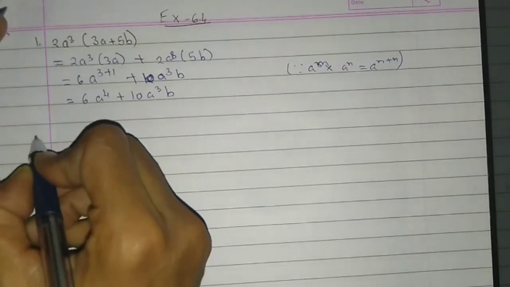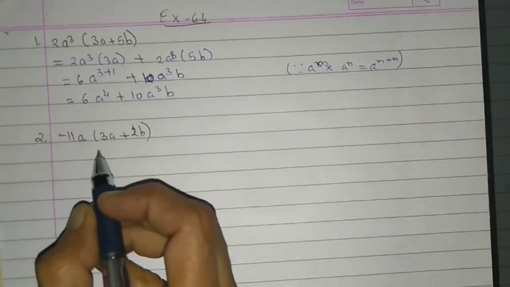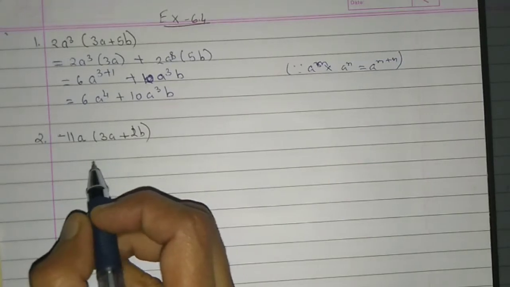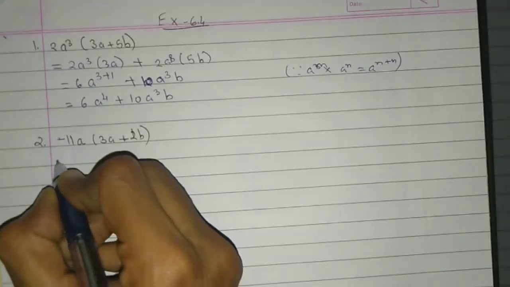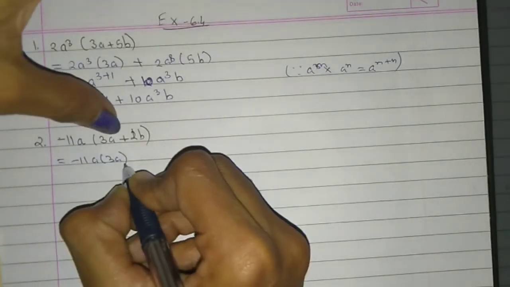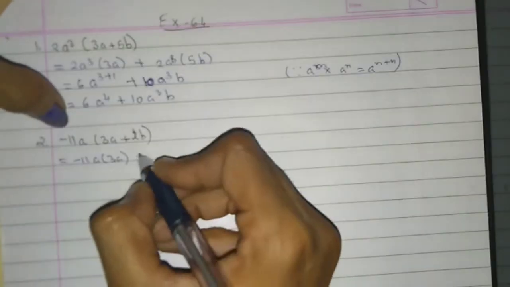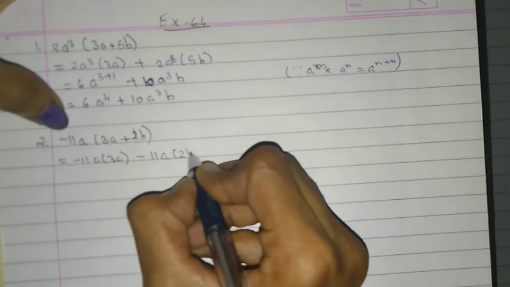Okay. Now the second one: minus 11a into (3a plus 2b). First of all we open the bracket, which is equal to minus 11a into 3a, minus 11a into 2b.